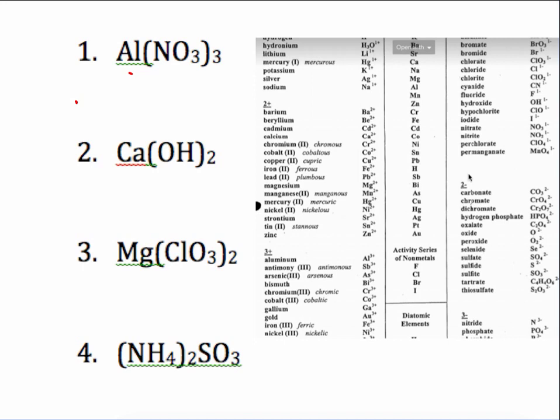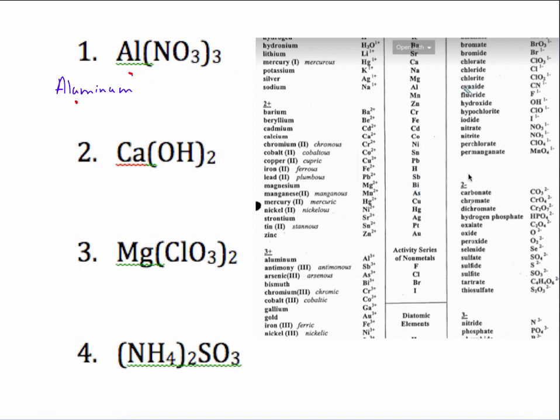So number one, we look at number one and we see that that's aluminum. We find aluminum on the ion chart, and it's just called aluminum. So we write aluminum. And then we find the negative ion because everything's binary, the positive ion and the negative ion.